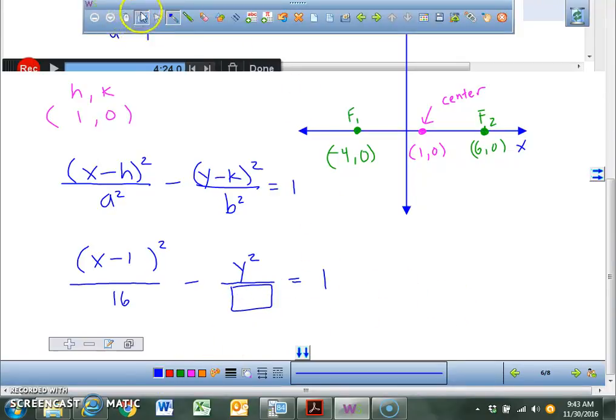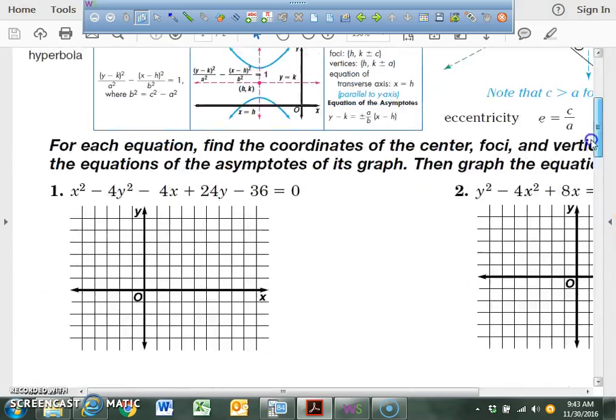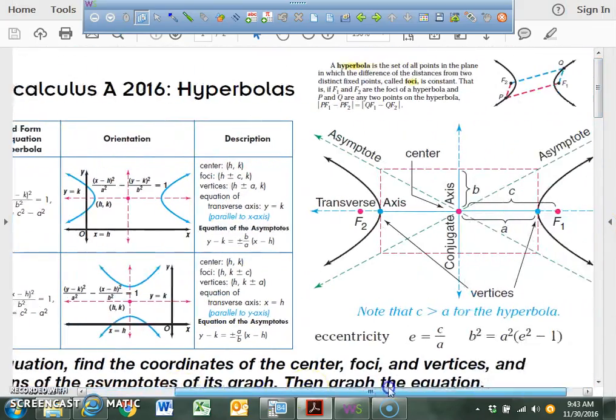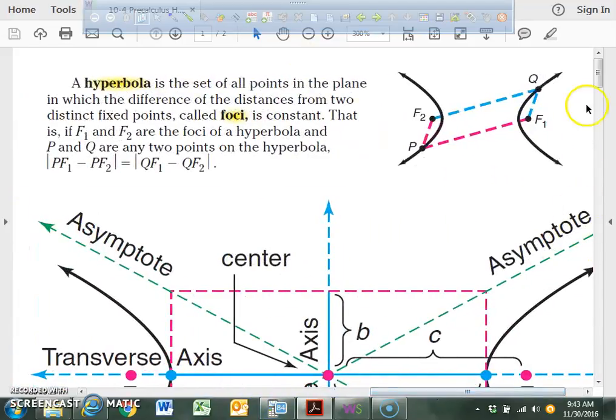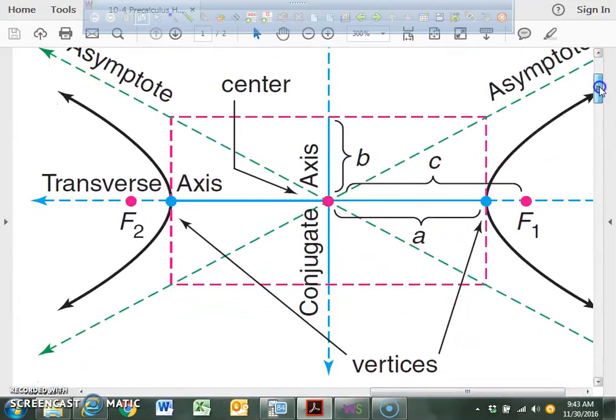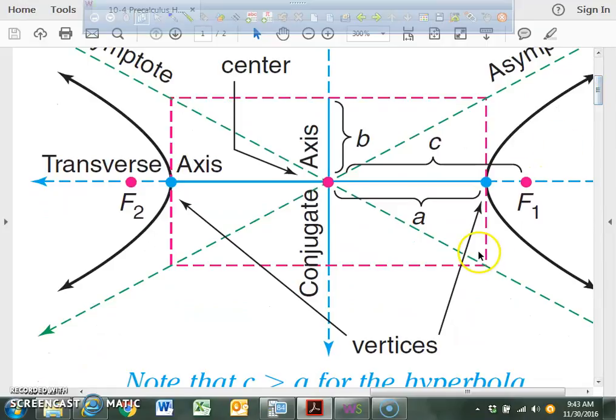So right now everybody, if you guys write this down, look at your picture on the front of your page after you've written this down. You're going to go to the front page, you're going to look at a little drawing right here. Zoom in. So there's the drawing that's on the front of your page.